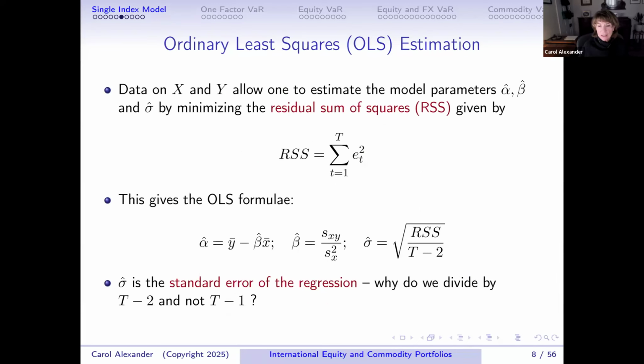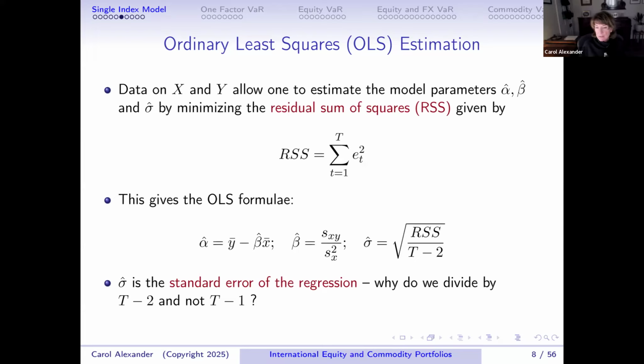And if we do that, a little bit of algebra shows that beta hat is the sample covariance between x and y divided by the sample variance of x. And then alpha hat is just the mean of y minus beta hat times the mean of the sample x. And sigma hat is the standard error of the regression.